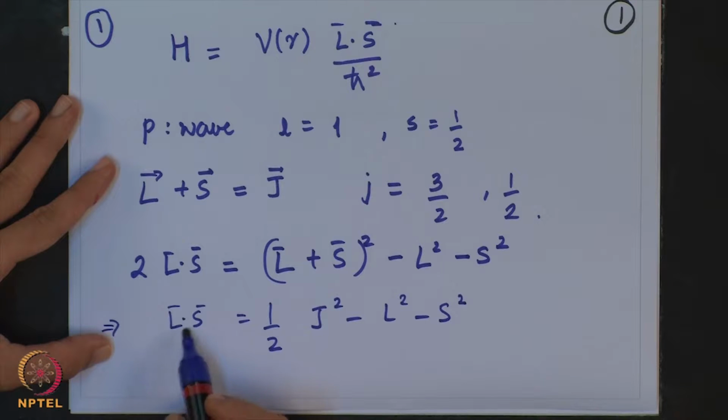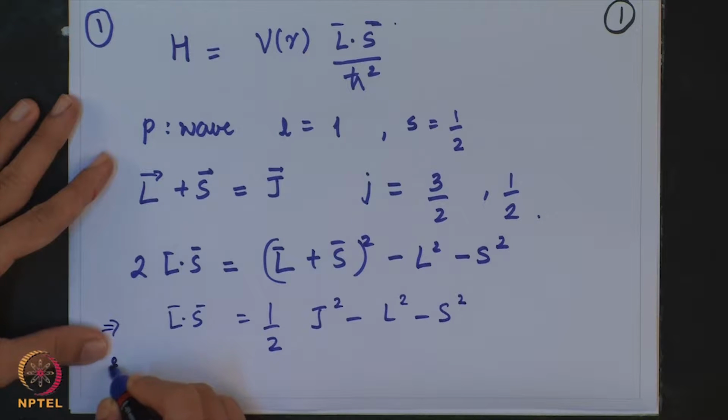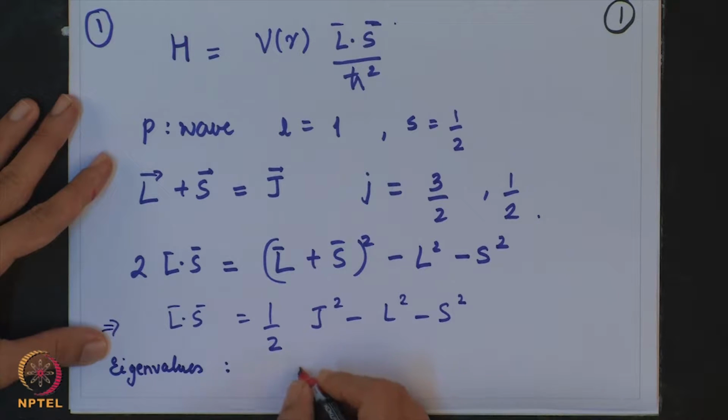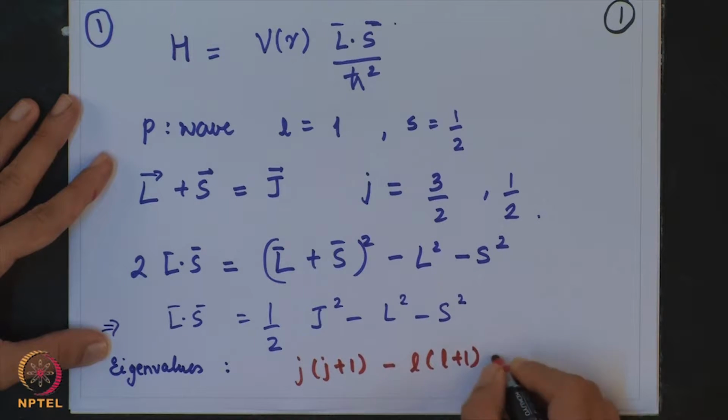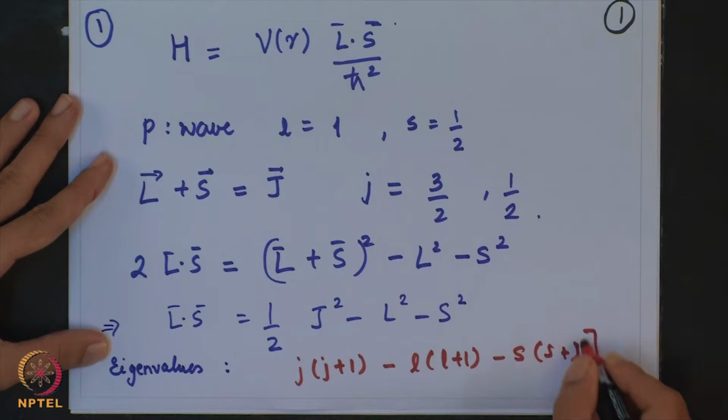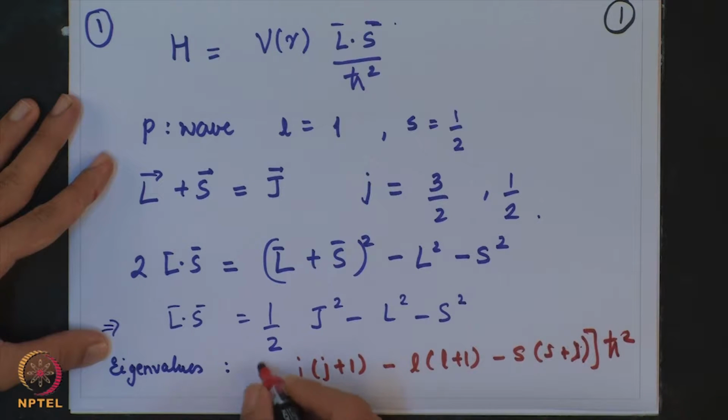The eigenvalues corresponding to L dot S will be J into J plus 1 minus L into L plus 1 minus S into S plus 1, times h cross square, with a factor of half, which is coming from here.